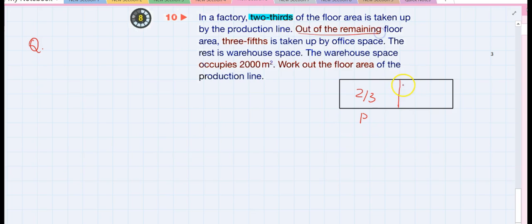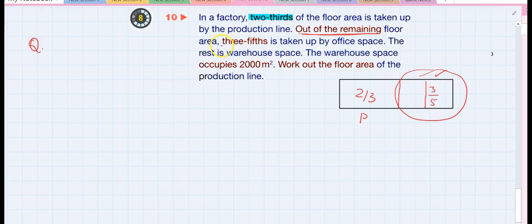Out of the remaining means he's not saying that 2/3 is taken by the production line and 3/5 is taken by the office space. Out of the remaining, out of this area, 3/5 of this area, not the 3/5 of the whole area.